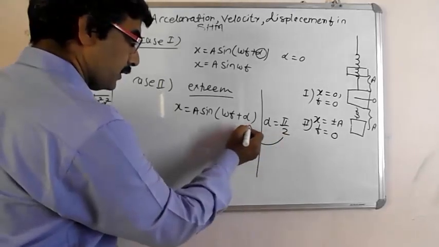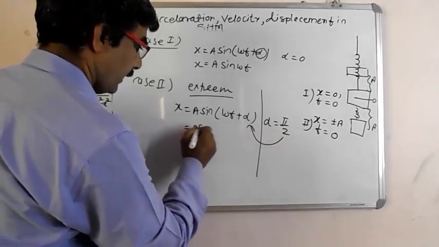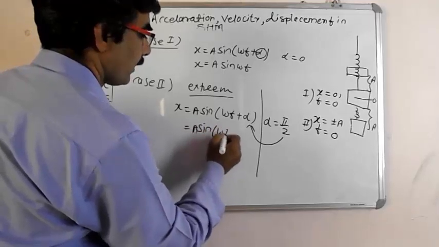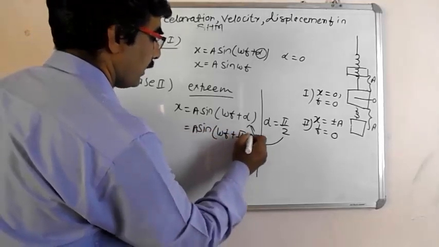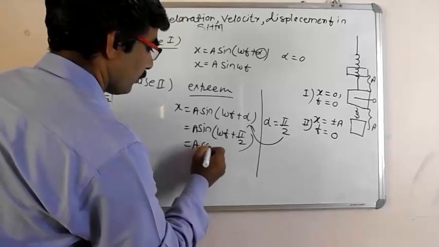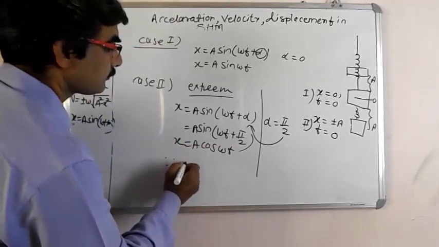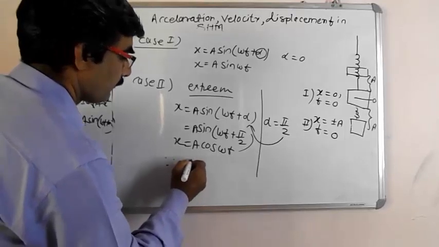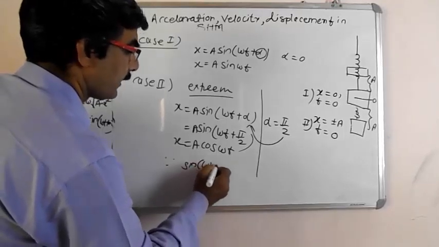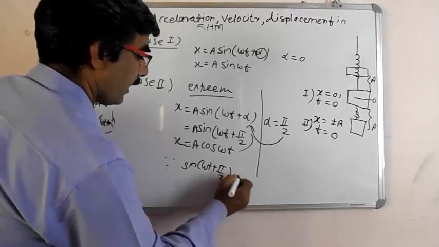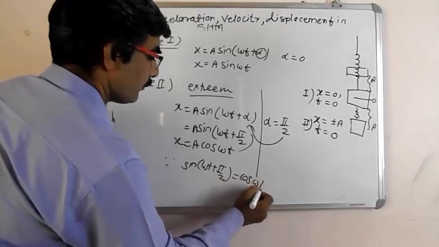Substituting this value here, we get x equal to a sine of omega t plus pi by 2, which is equal to a cos of omega t, because sine of omega t plus pi by 2 equal to cos of omega t.